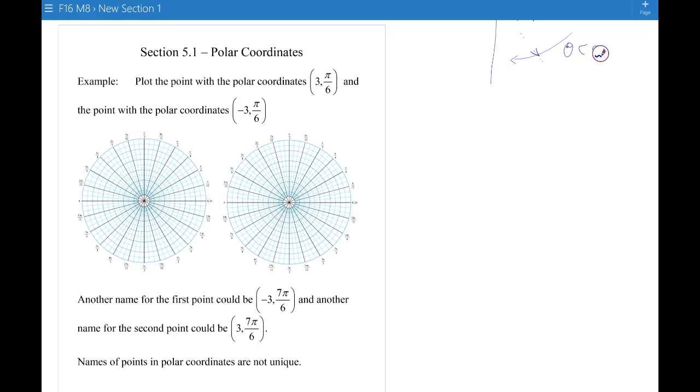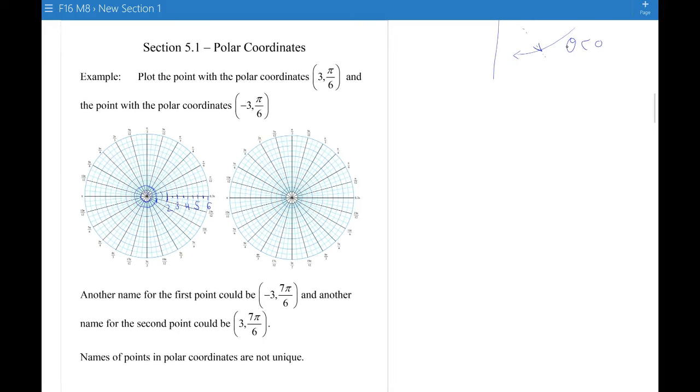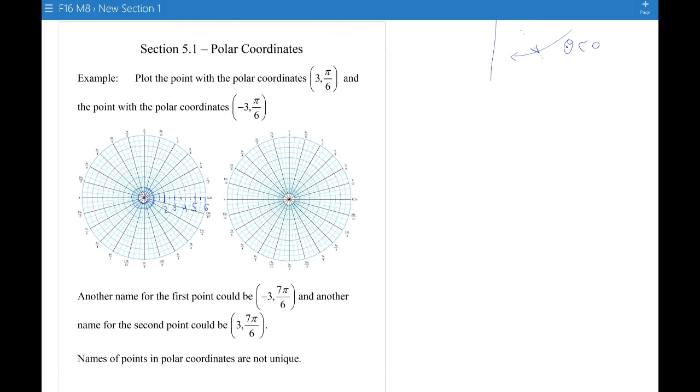So if you are labeling, you could call the inner circle 1 and the next circle 2, or you could call each circle 1/2 and say this circle is 1, so then this is 1/2 and this is 2, this is 2.5 and this is 3, 3.5, 4, 4.5, 5. So that part's up to you. It's like the scale on a rectangular graph, where you decide how much a box is worth. So I'm going to work on this little grid, but when we do it bigger in class, I think it will be easier to see.